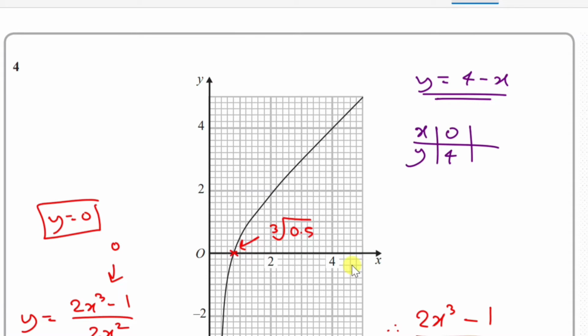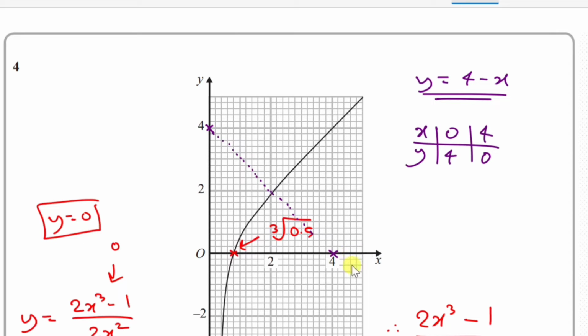When x is 4, 4 minus 4 is 0. So these are your corners. Your first pair of coordinates is 0, 4. And conveniently, the second one, when x is 4, y is 0. So this is the other coordinate. You want to draw a nice straight line. I'm not going to lie, it's going to be hard, so I'm going to draw a dotted line. I know it's going to cut like that.